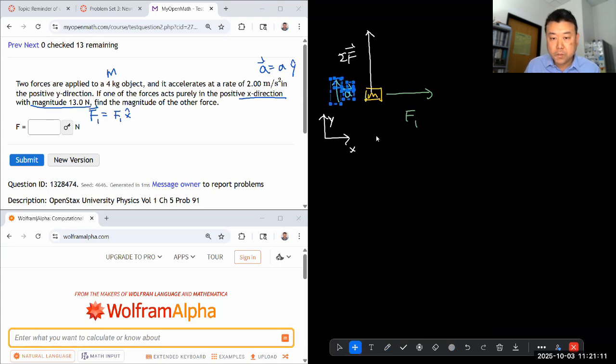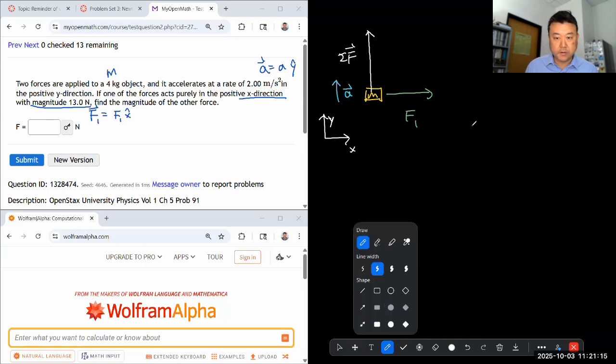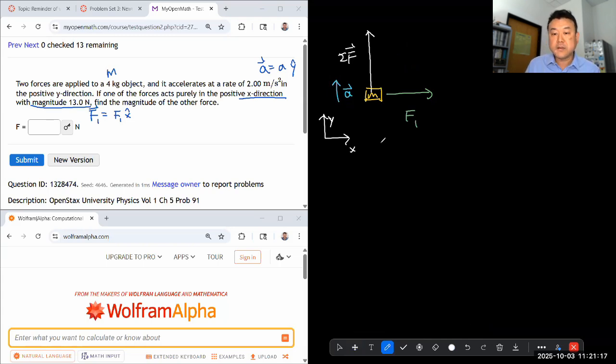So let me write out this expression for net force just to make sure I don't make any algebra errors. Net force is given by the sum of the two forces, F1 that I labeled, and now I need to label F2. So here let me just solve for F2.